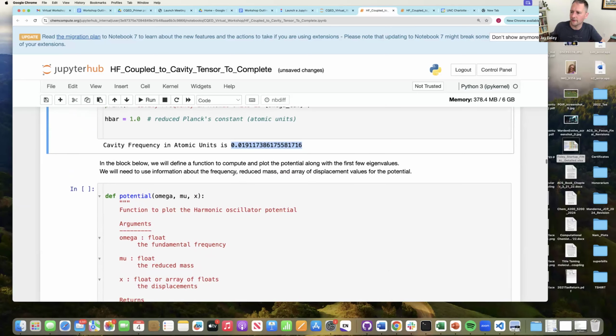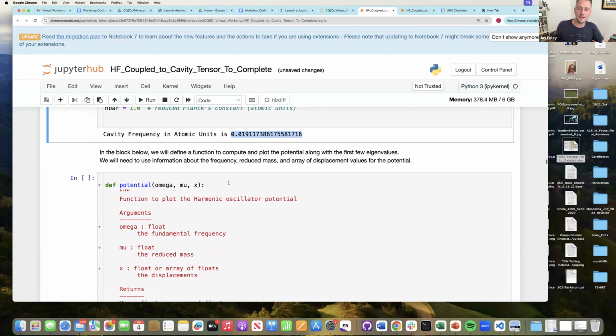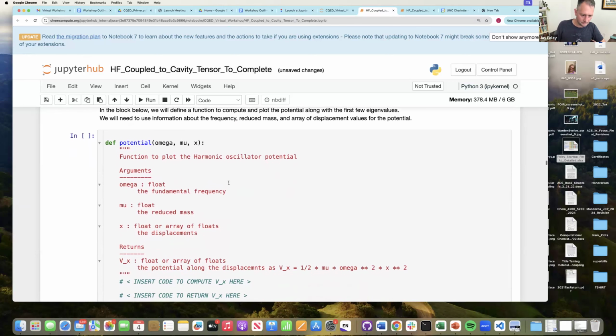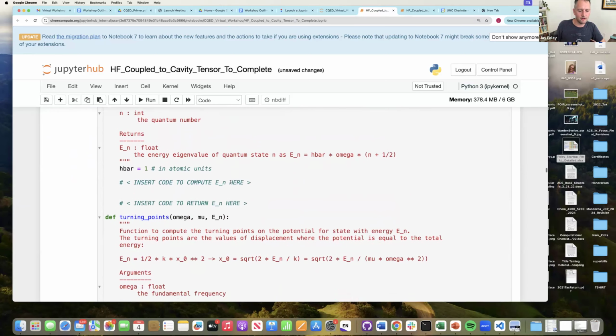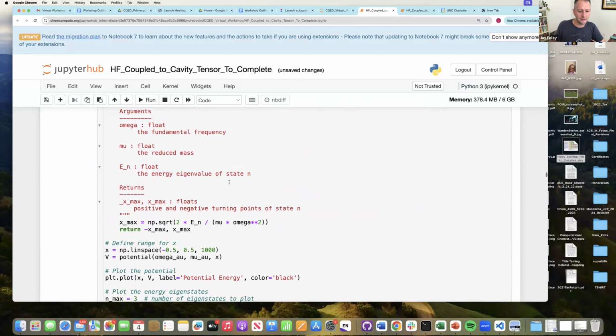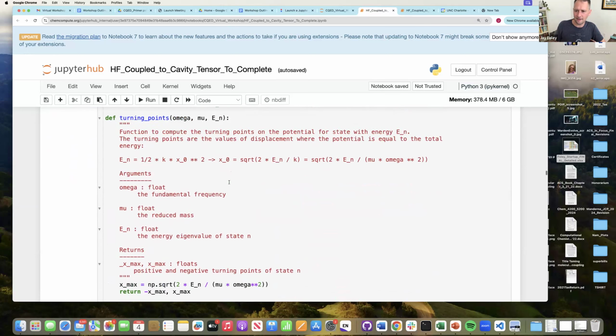Oh, I lied. There's one more cell that I'll do. Next thing that we're going to do is set up a function which is going to generate the potential and compute the energy eigenvalues of the harmonic oscillator.